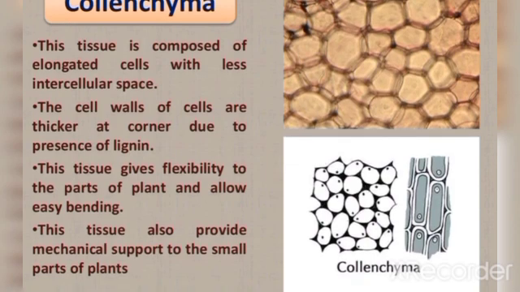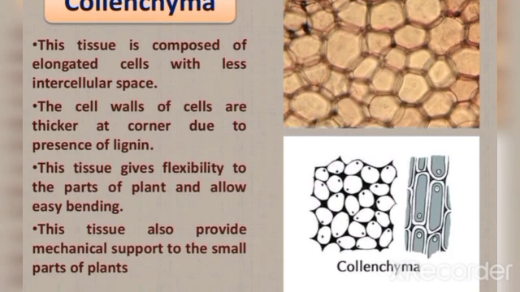The function of collenchyma is to provide mechanical support to the plant. They are elastic, so they provide tensile strength with flexibility to those organs in which it is found.